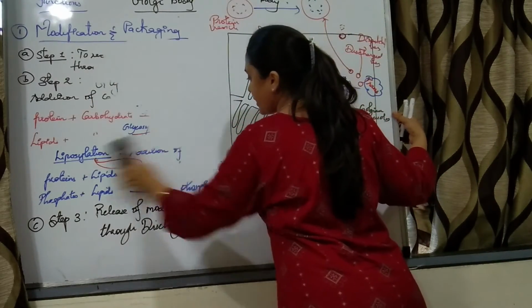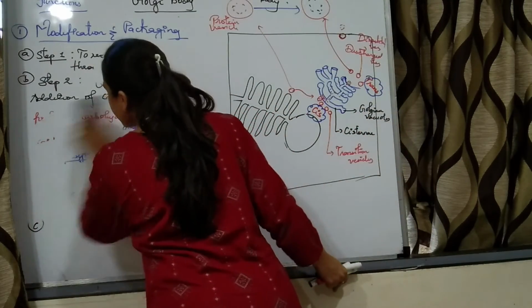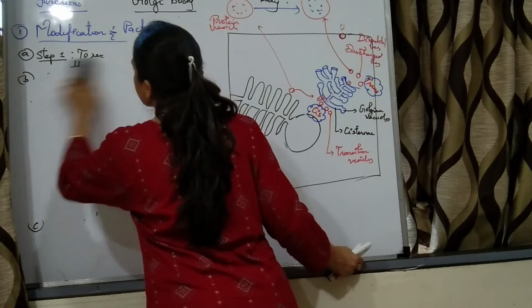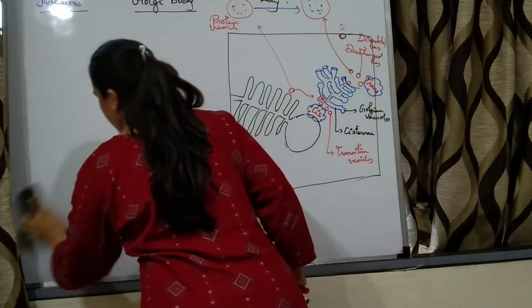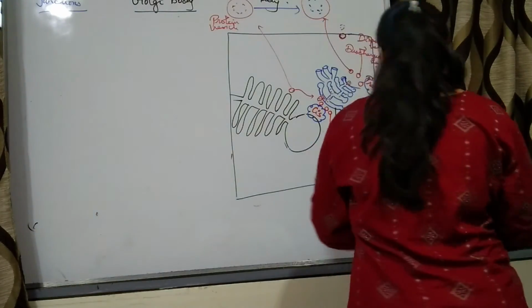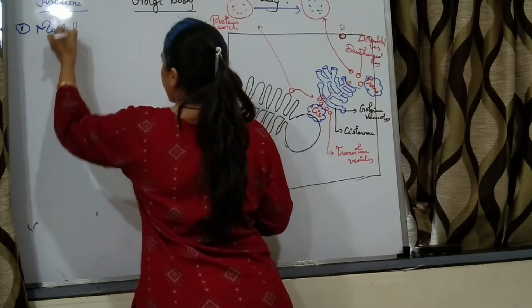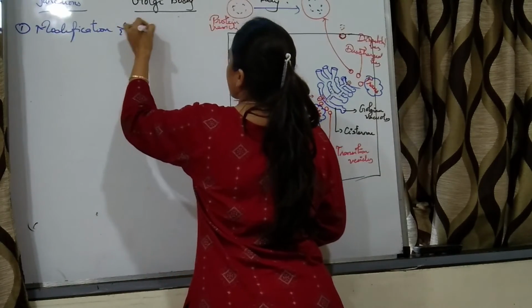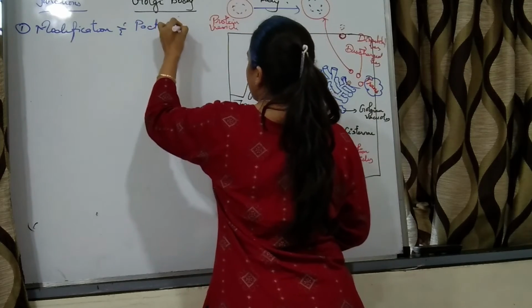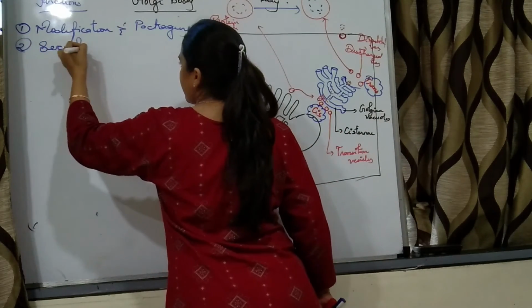The second function of the Golgi body is secretion. Right? Let me write the first function as it is: modification and packaging. The second function is secretion.